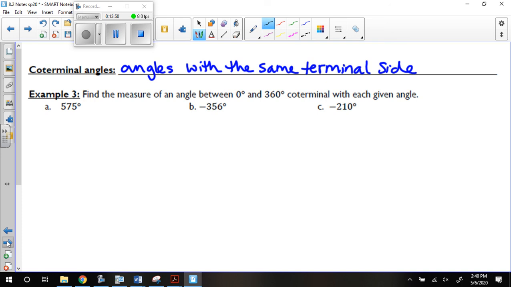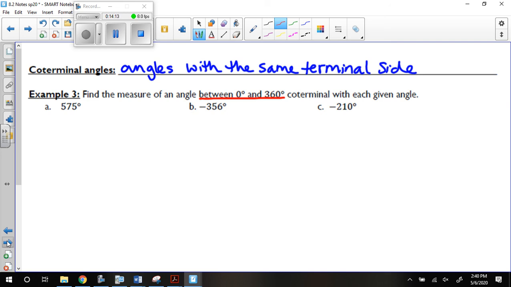Okay, so we are told to find the measure of an angle between 0 and 360 that's coterminal with each given angle. If you're trying to get between 0 and 360, we're going to have to start subtracting from 575 until we get between 0 and 360.